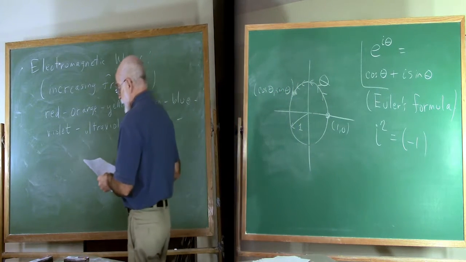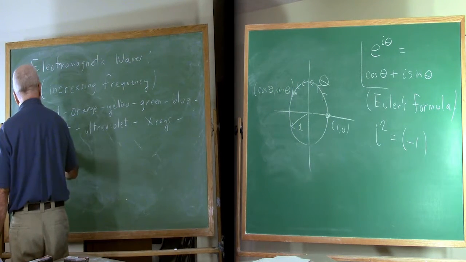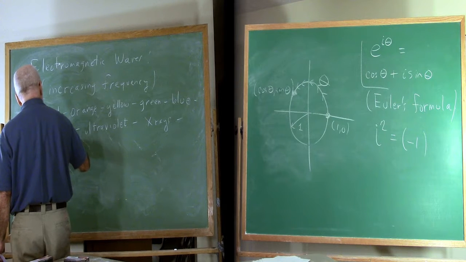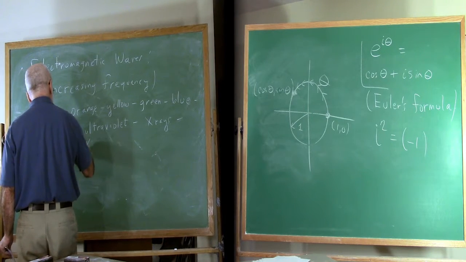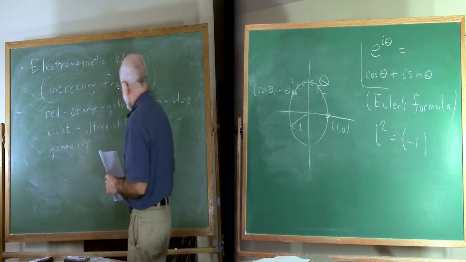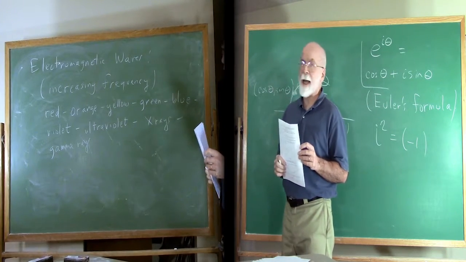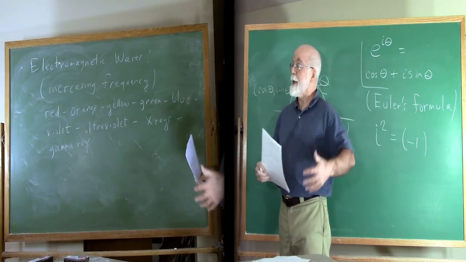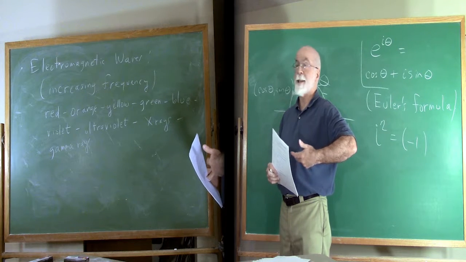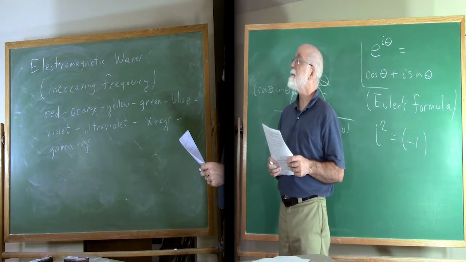Higher frequency than that, what are called gamma rays. X-rays are eventually damaging. Gamma rays are a lot worse. They get more inside and they can do more damage.